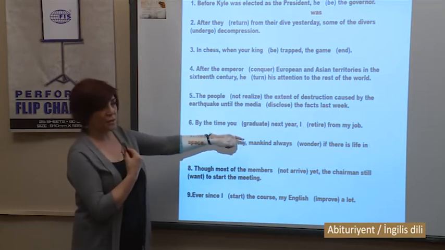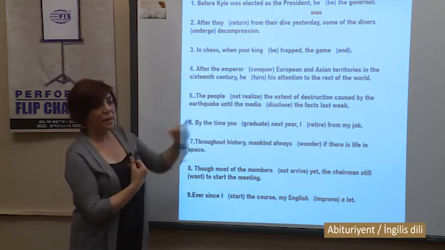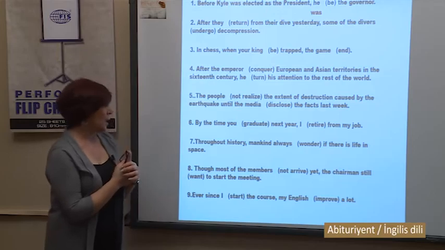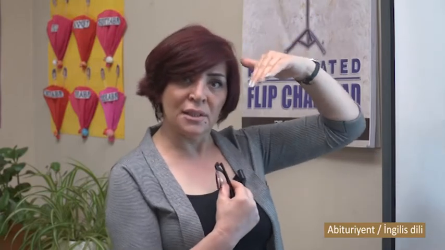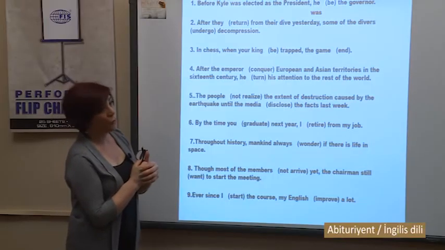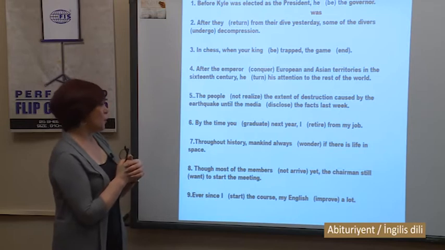From the context, it becomes clear to us that throughout the history, mankind wonders, and will wonder. So it means that it happened in the past, and so it is still, and this is an unfinished action. If it is an unfinished action, we use perfect, of course, present perfect.